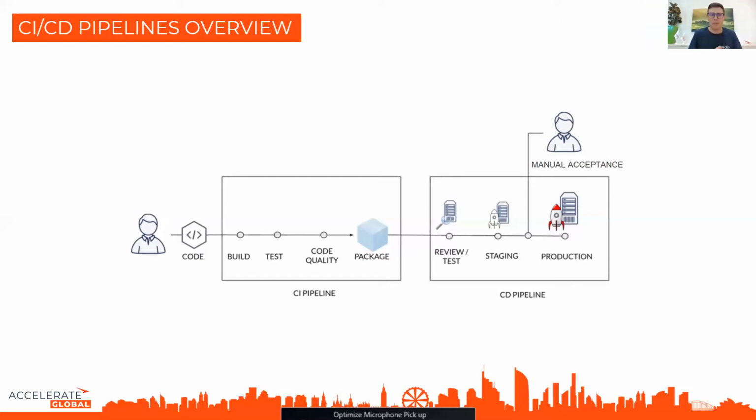Second will be tests. We can run various kinds of tests, at least unit tests. The next stage would be code quality. In code quality, we would want to collect some metrics for static code analysis. And the last stage of continuous integration is packaging.